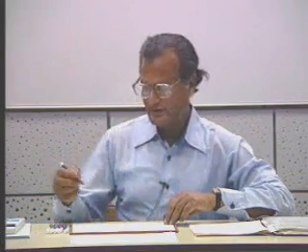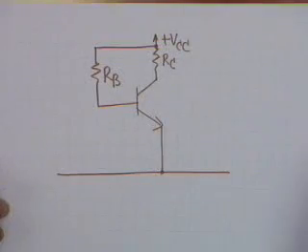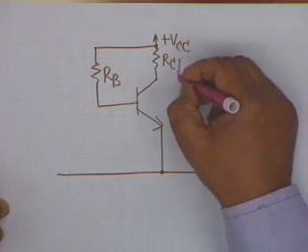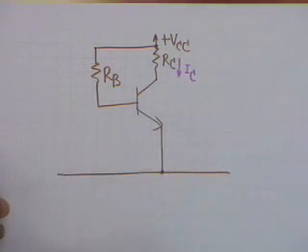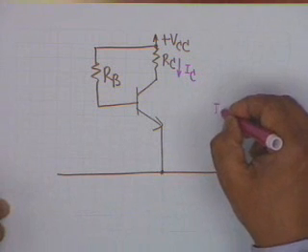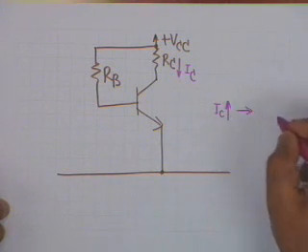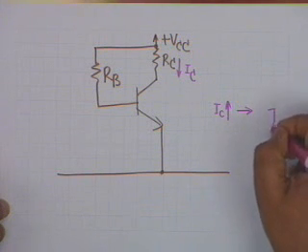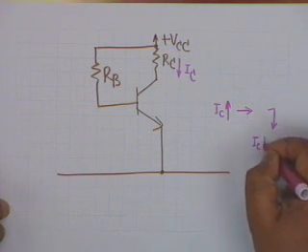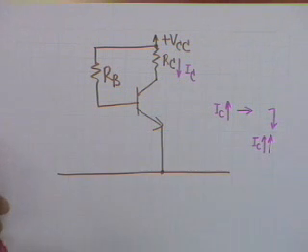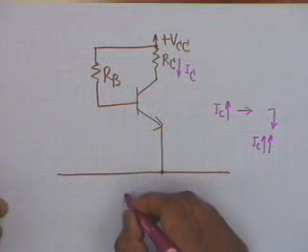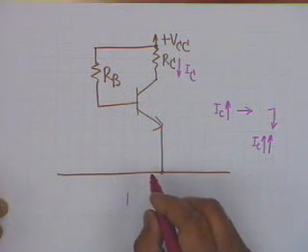And we had seen that if due to any reason the current in the collector I sub C increases, then the process is such that after several intermediate steps I sub C further increases, and this goes on in a circle till what you get is a thermal runaway.